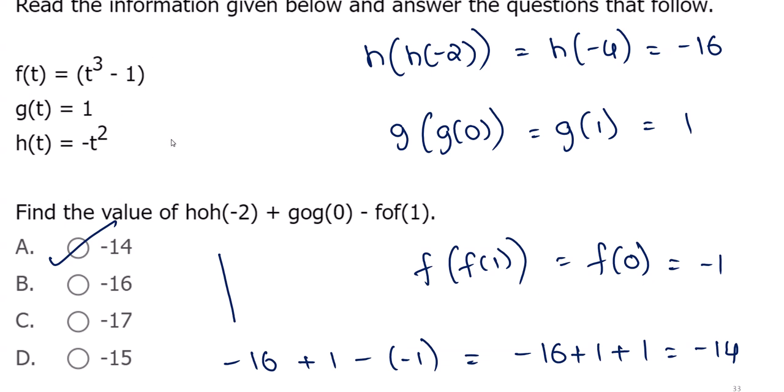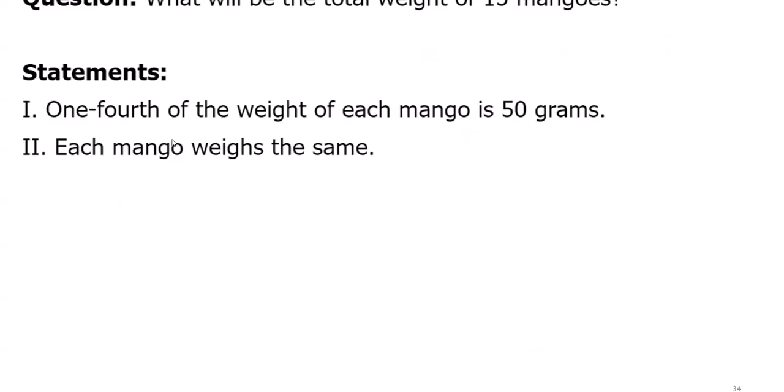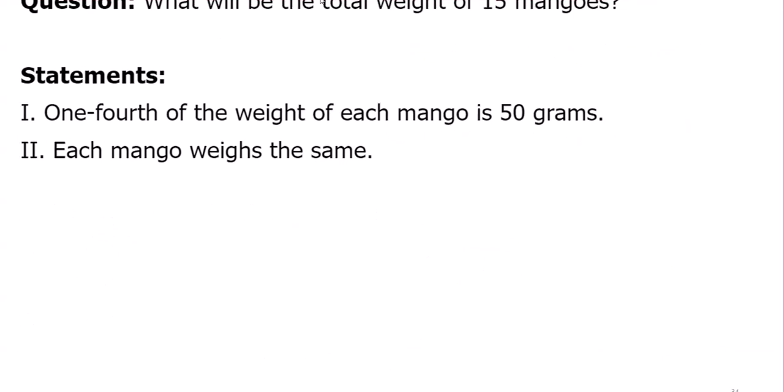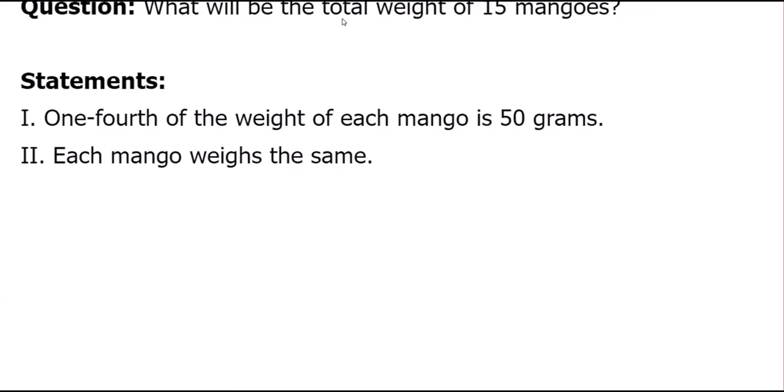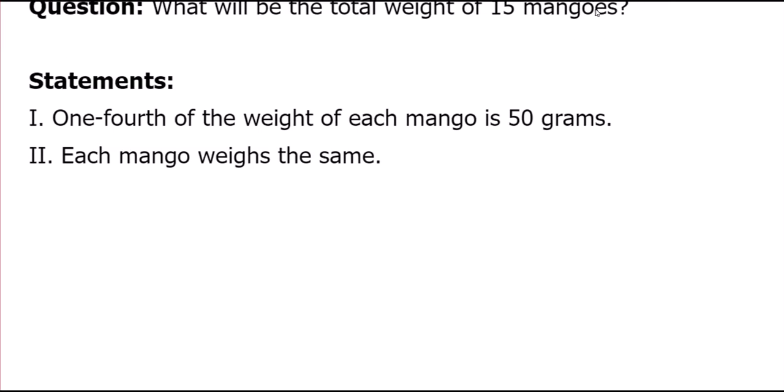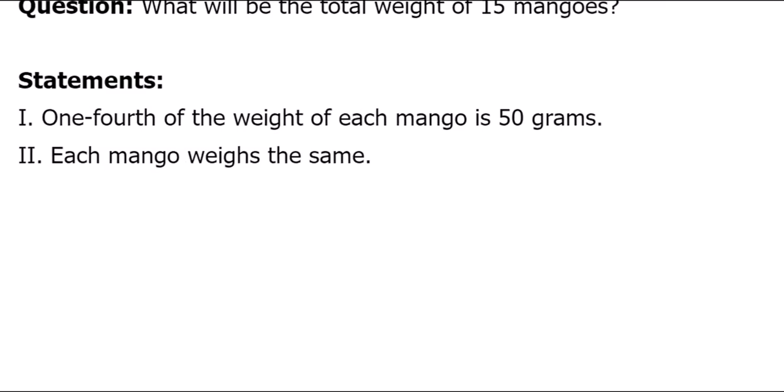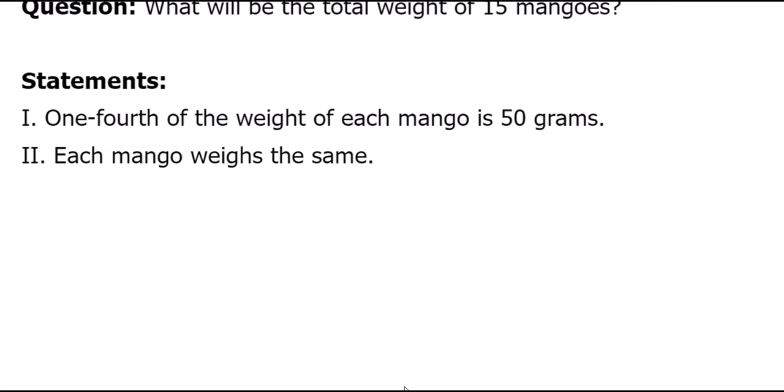Let's see about the next one. What is given here? Data sufficiency related.